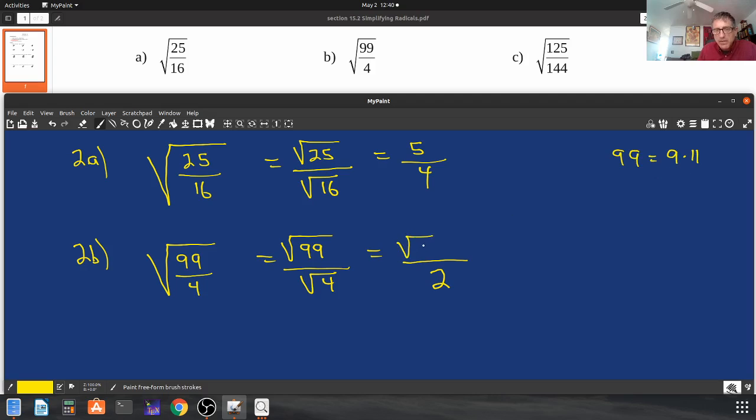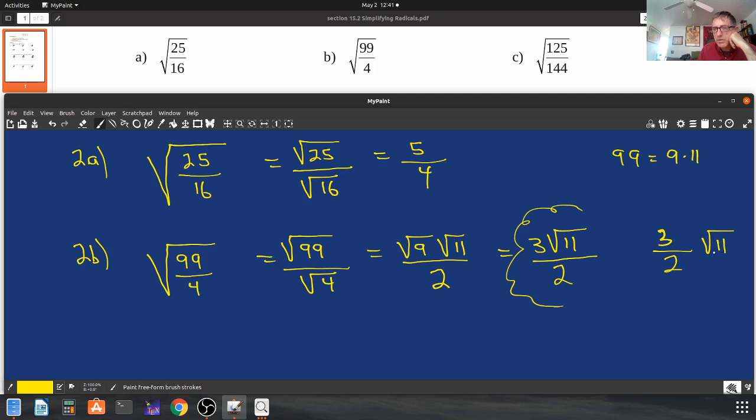So that's the same as the square root of 9 times the square root of 11. The square root of 9 is 3. The square root of 11 is prime; there are no even powers in its prime factorization. So it's 3/2 times the square root of 11. This is one way to write it. Another way is to write 3/2 times the square root of 11. I actually prefer this way.